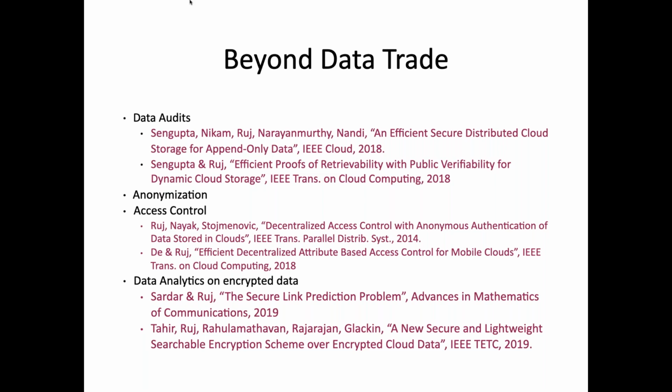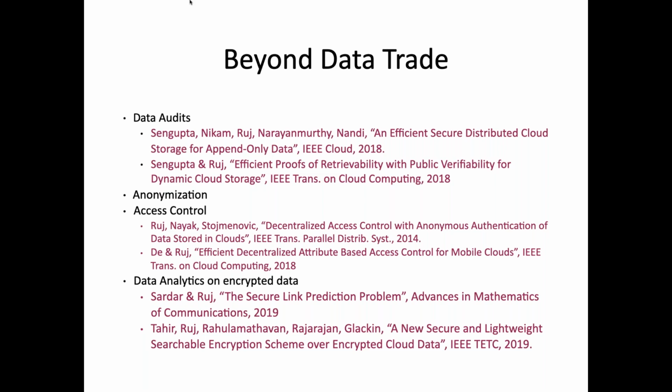Having said all of this, I would actually mention one thing over here, that throughout the talk I have only tried to talk about the cryptographic challenges here, and I've not touched upon various other ways.